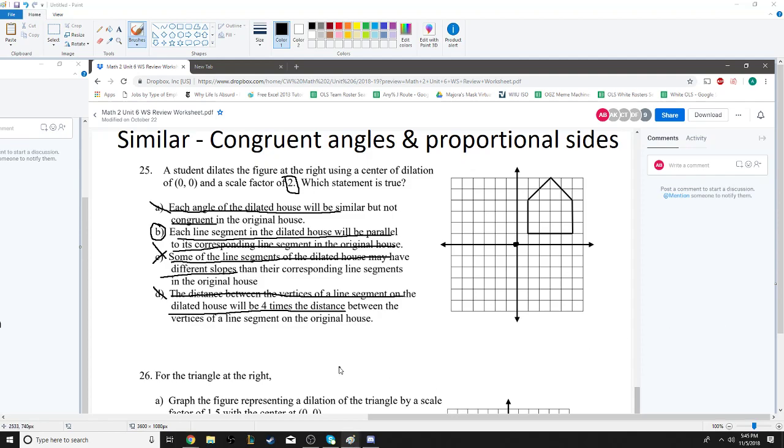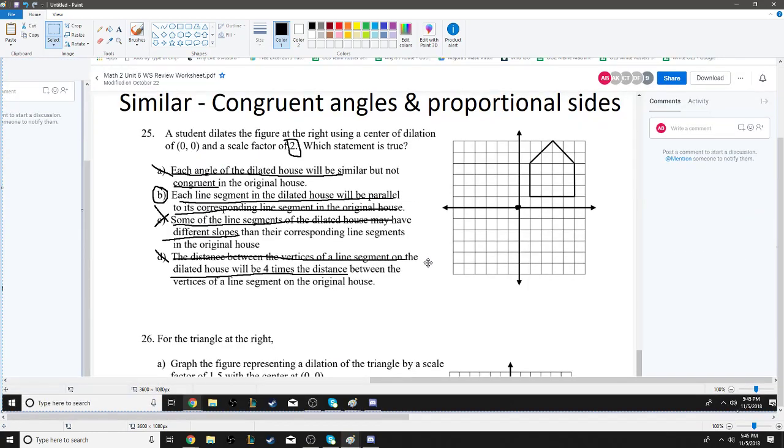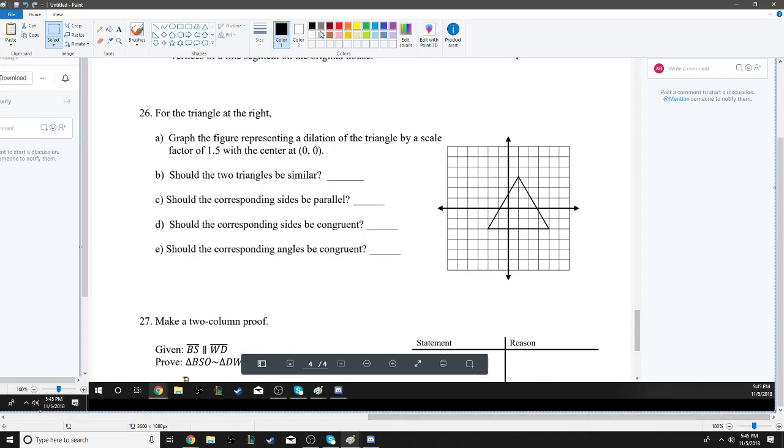For 26, let's see. Graph the figure representing dilation of the triangle by a scale of 1.5 with the center 0, 0. So here's 0, 0. Okay. So this point right here, I'll call this point A. Point A is located at 1, 3.